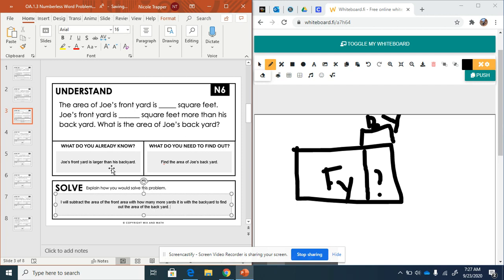So sometimes it takes a minute to really understand what you're having to do. You have to reread the problem and think about how you will solve it.